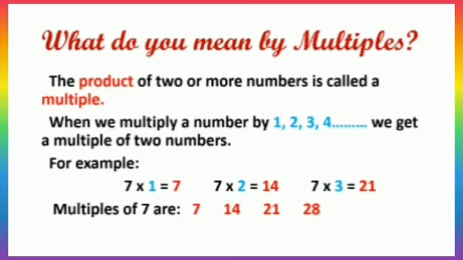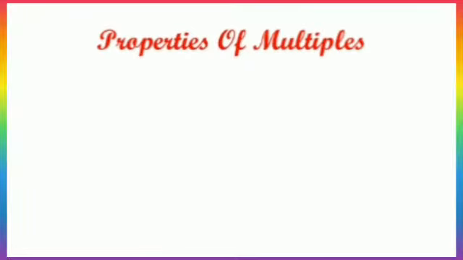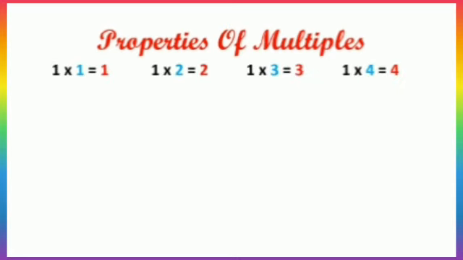Now, since we have understood what we mean by multiples, let's see the various properties of multiples. So, the very first property of multiples that we are going to see is, I take an example where I have multiplied 1 by 1 to get 1.